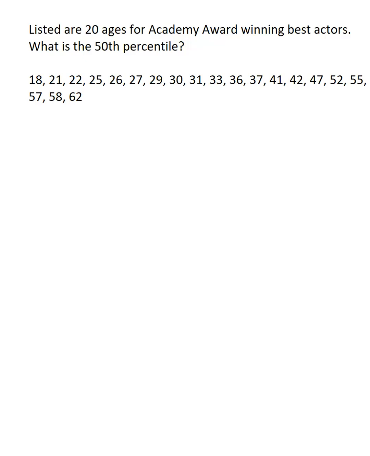Listed are 20 ages for Academy Award winning Best Actors. What is the 50th percentile? The data is given to us. For our convenience, it's already ordered, but let me write that because that's an important step to follow. Arrange data values in ascending order.